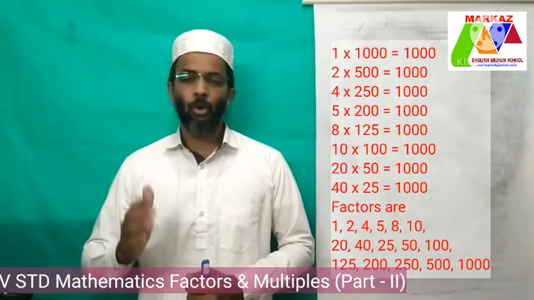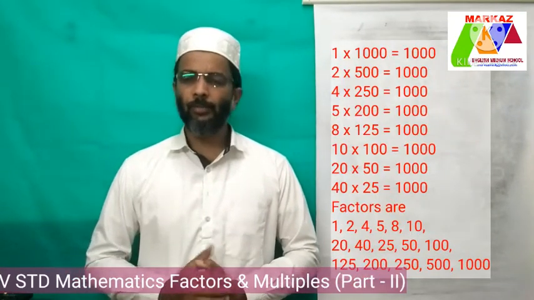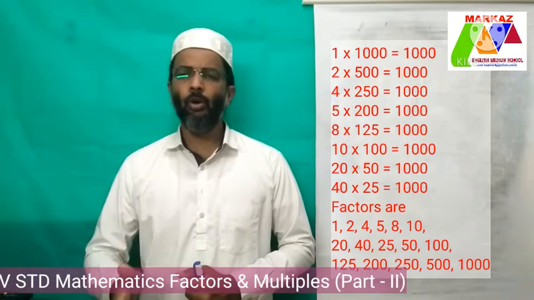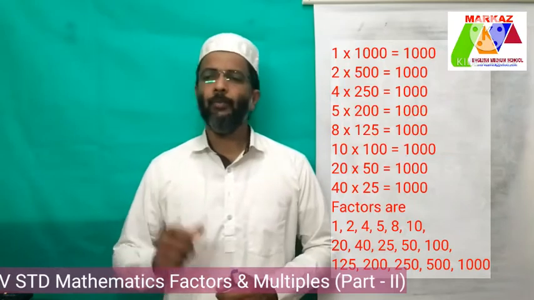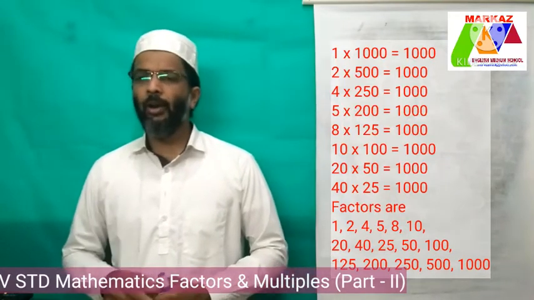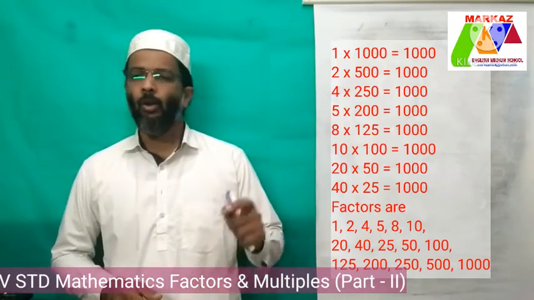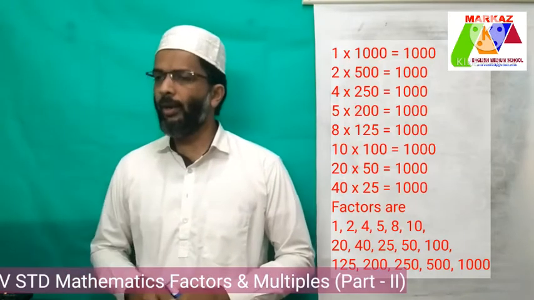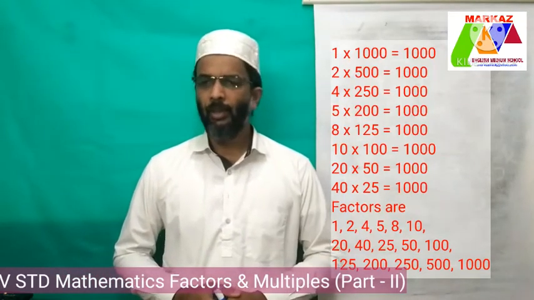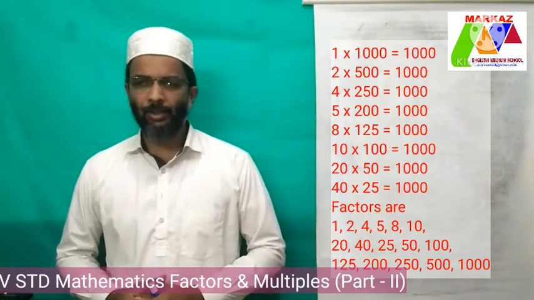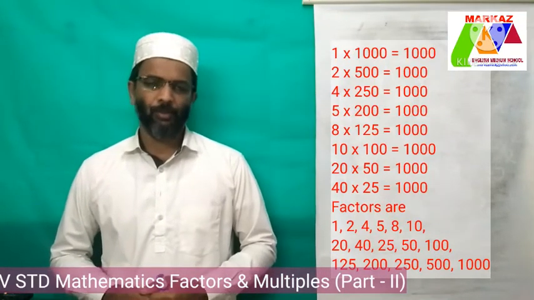So, factors of 1000 are 1, 2, 4, 5, 8, 10, 20, 25, 40, 50, 100, 125, 200, 250, 500 and 1000. If your answer is incorrect, you should correct it.